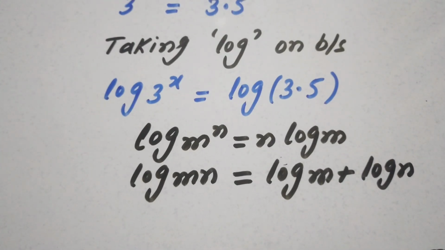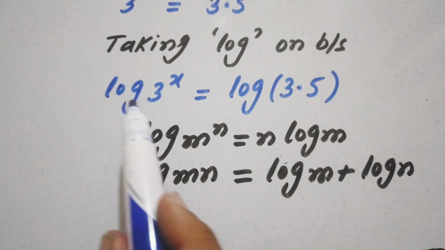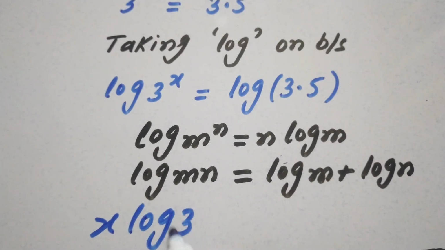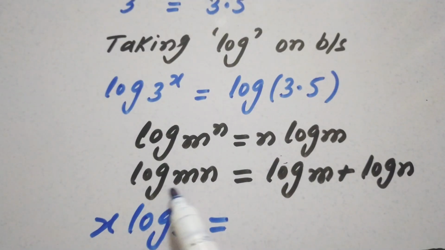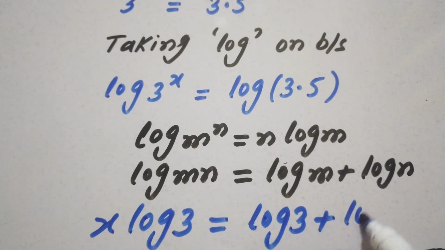By using these properties, the above equation will become log of 3 to the power x, we can write this as x log of 3, is equal to, on the right hand side we will apply this property, so this will become log of 3 plus log of 5.